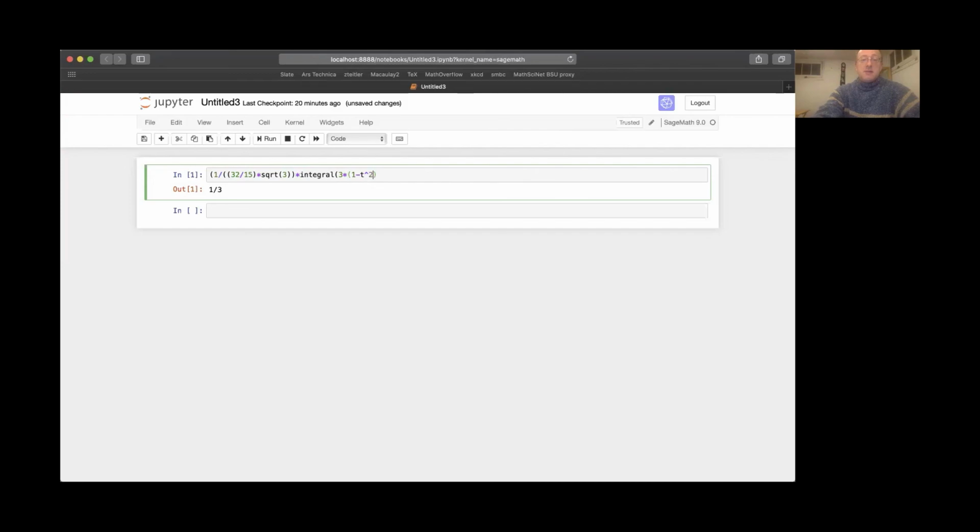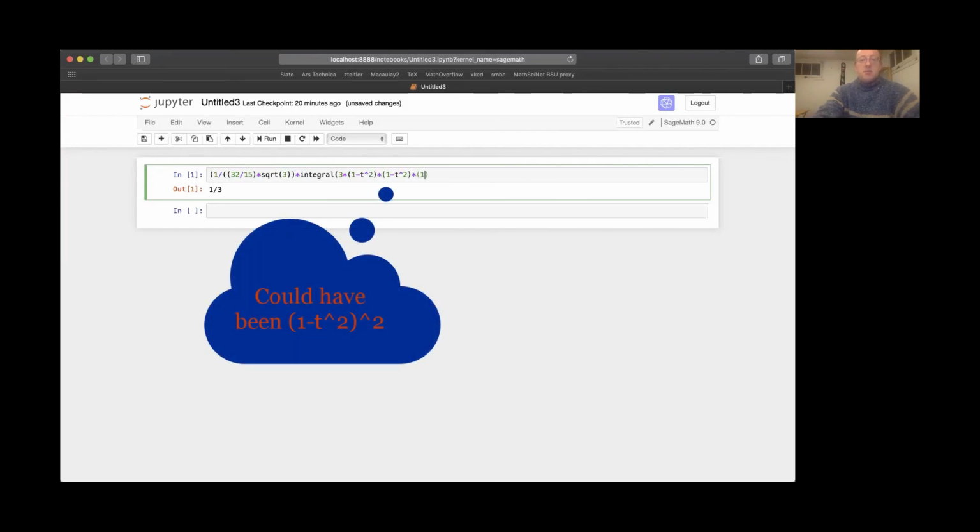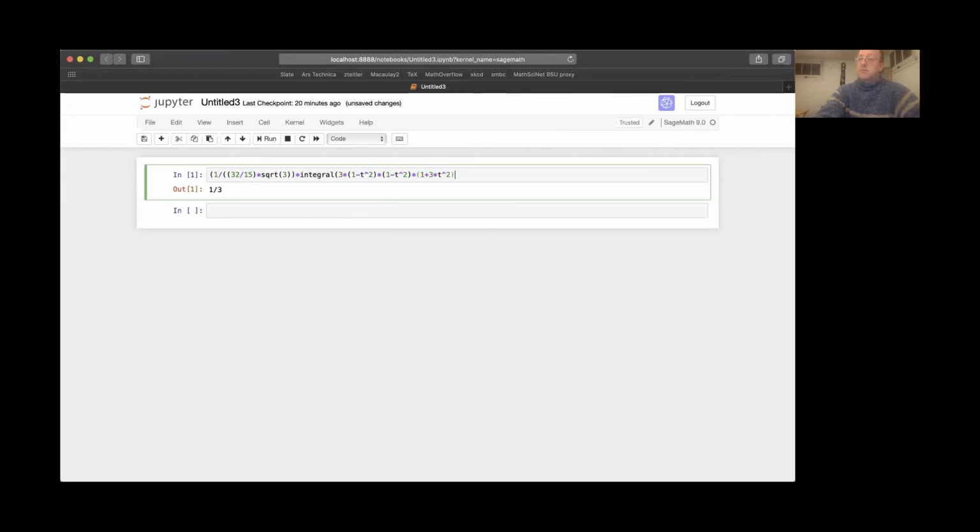There's 1 minus t squared times 1 minus t squared again times 1 plus 3t squared. And we're integrating with respect to the variable t, that's dt, and it's the interval from -1 to 1. I should say this is Sage. You can see it here, Sage Math 9.0 in the upper right corner.